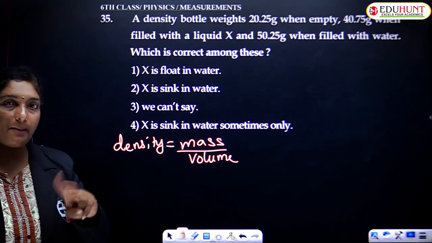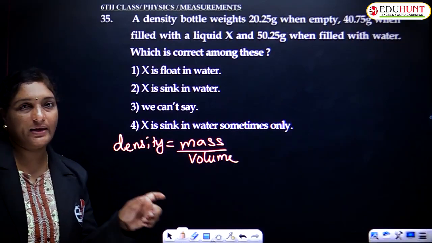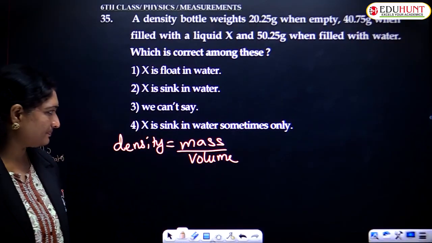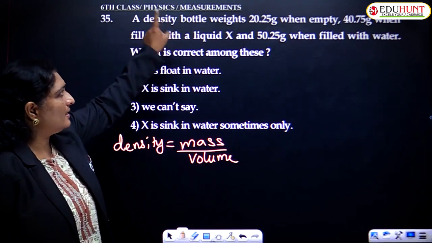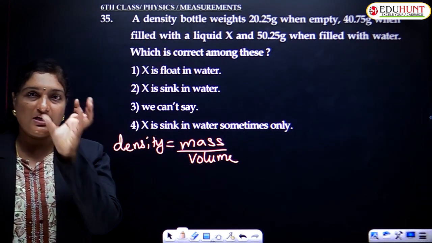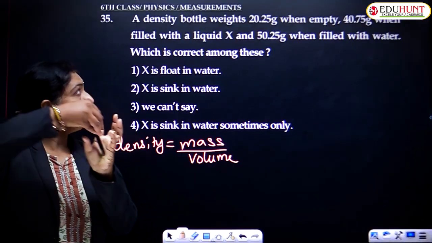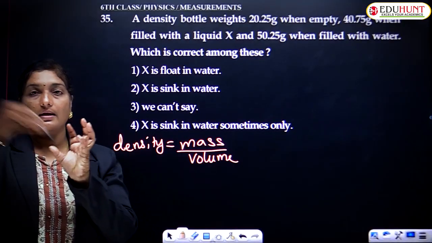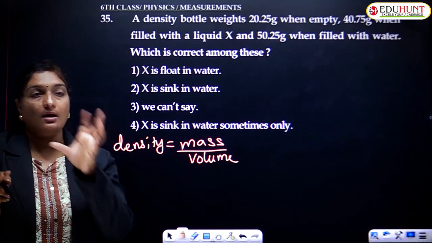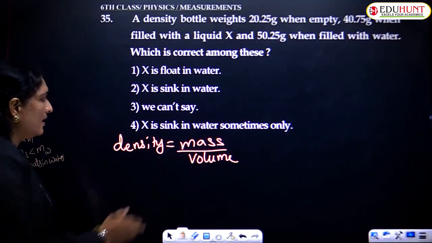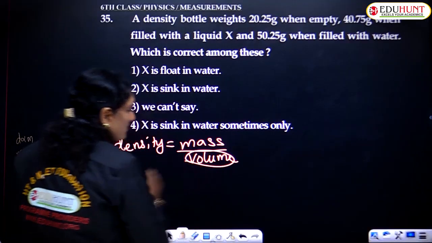So you have to compare the two liquids, that is liquid X as well as water. Clearly, initially the density bottle is filled with liquid. Later the density bottle is filled with water. In both the cases, volume remains constant.